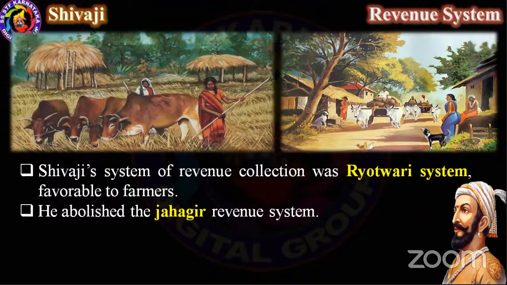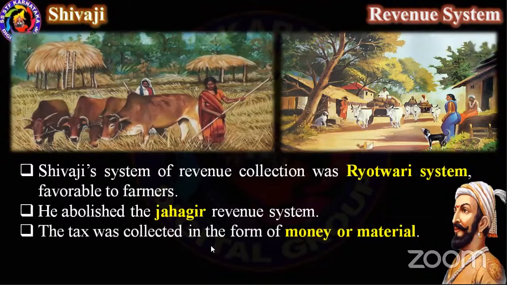Therefore, he didn't grant Jagirs. He removed that system, which is a part of Zamindari. The tax was collected in the form of crops, money, or materials.